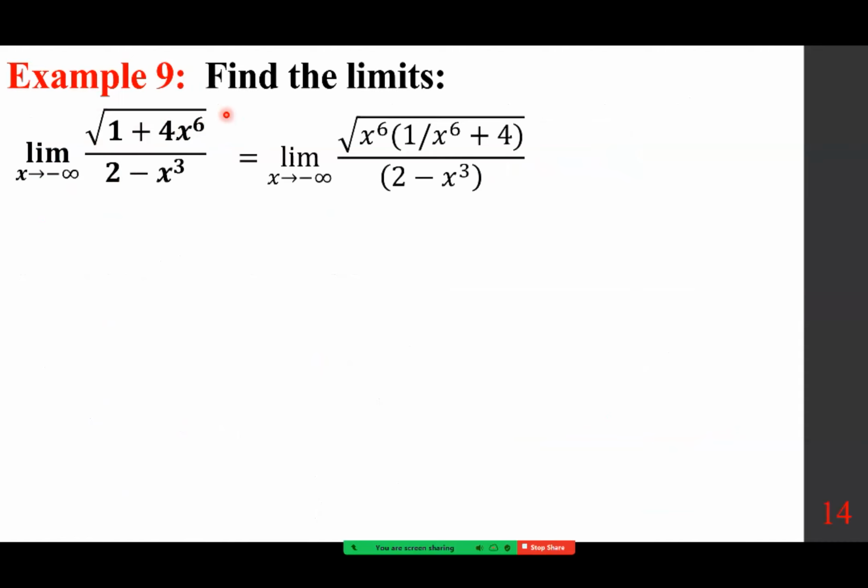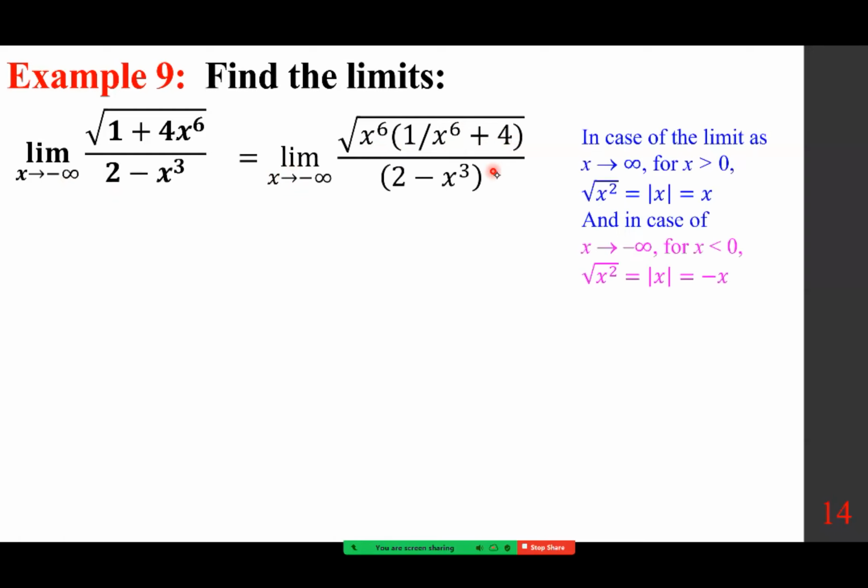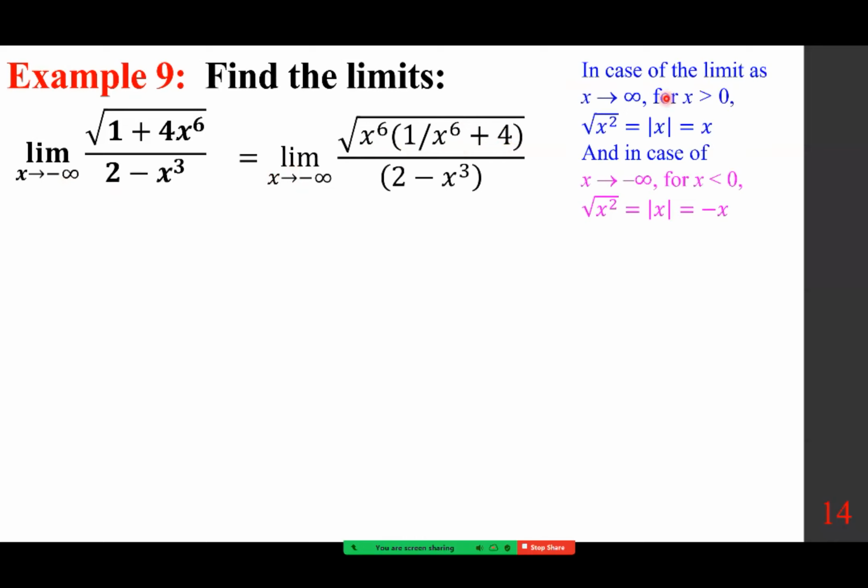We factor out x to the power of 6 inside the radical sign. So it gives you 1 over x to the power of 6 plus 4. And pay attention, if x is approaching infinity, you don't have anything to worry about. But because it's approaching negative infinity, then it's important to know what happens. In case of the limit as x approaches infinity, square root of x squared is absolute value of x or x.